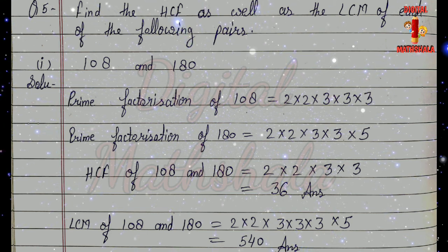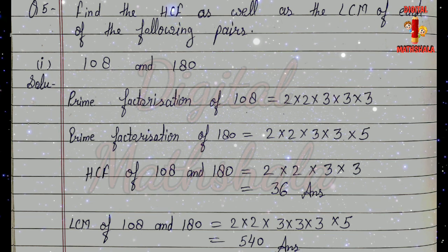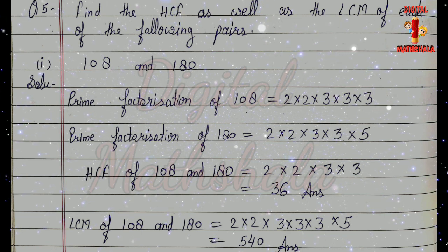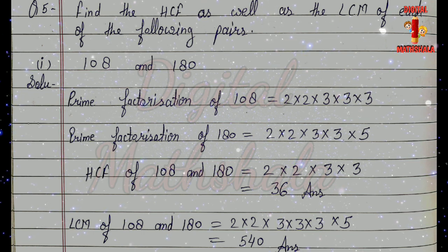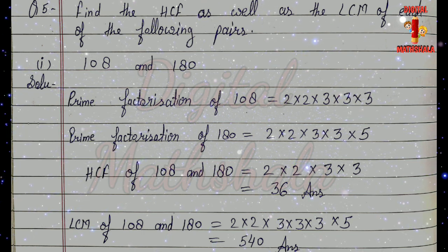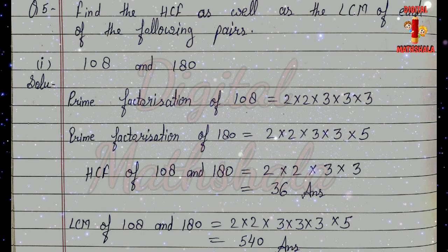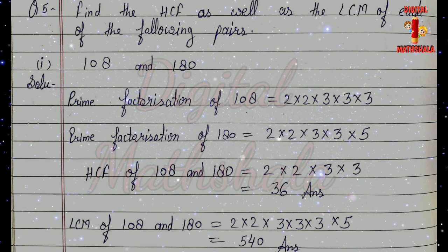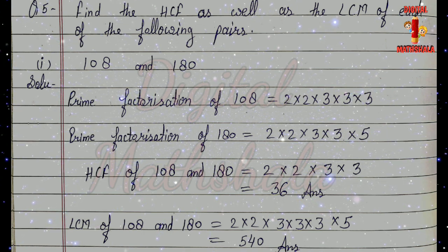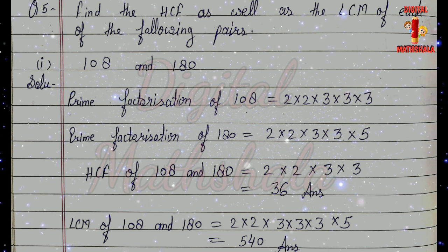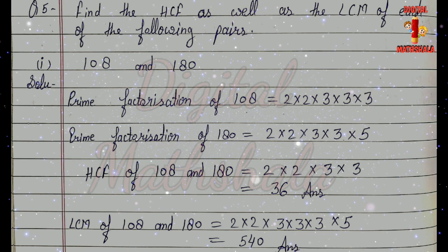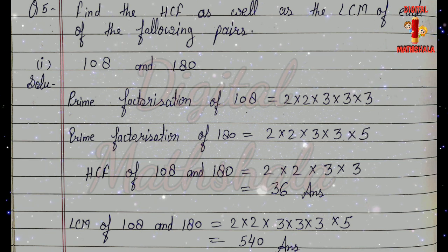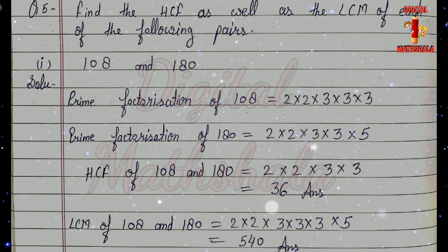Now if we find out the LCM of 108 and 180, here we will take the maximum number of times each factor appears. 2 appears twice, so we will take 2 twice. For 3, the maximum is in 108, where it appears thrice, so we will take 3 thrice.